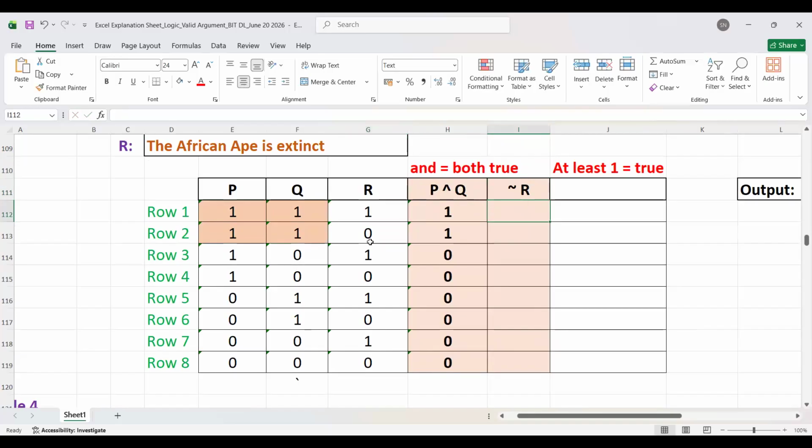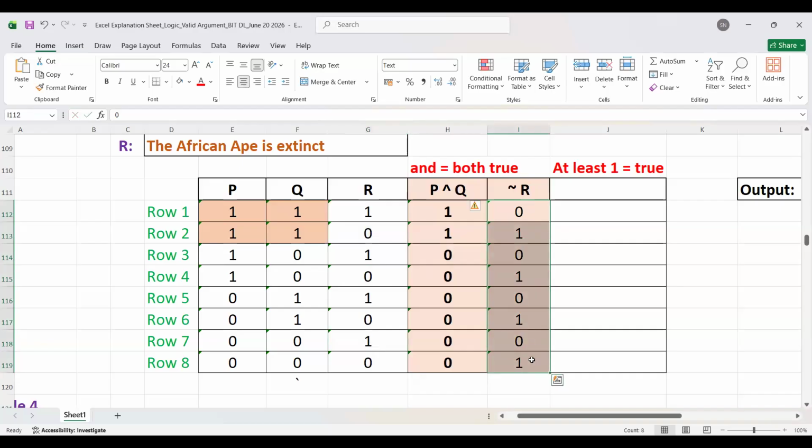When the original truth value is false, when you negate it, it becomes true. So negation of R, what will it be? 0, 1, 0, 1, 0, 1, 0, 1. Okay, great. So you virtually negate everything that originally was R. It becomes negation of R.